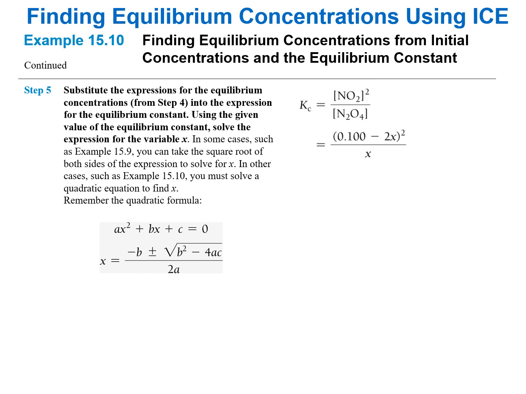So here is from our table for nitrogen dioxide, here is our concentration, and for dinitrogen tetraoxide, here is our concentration. And these came directly from our table. Now, if we plug in the given value of our equilibrium constant, now we can go somewhere.